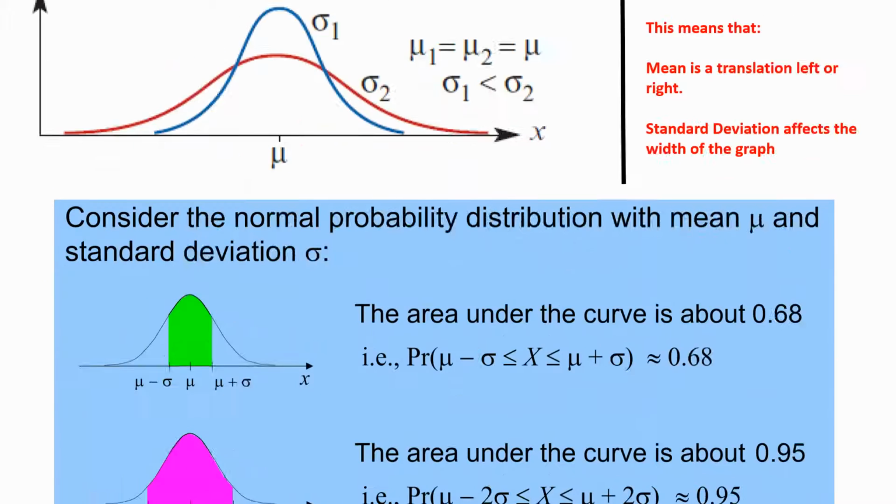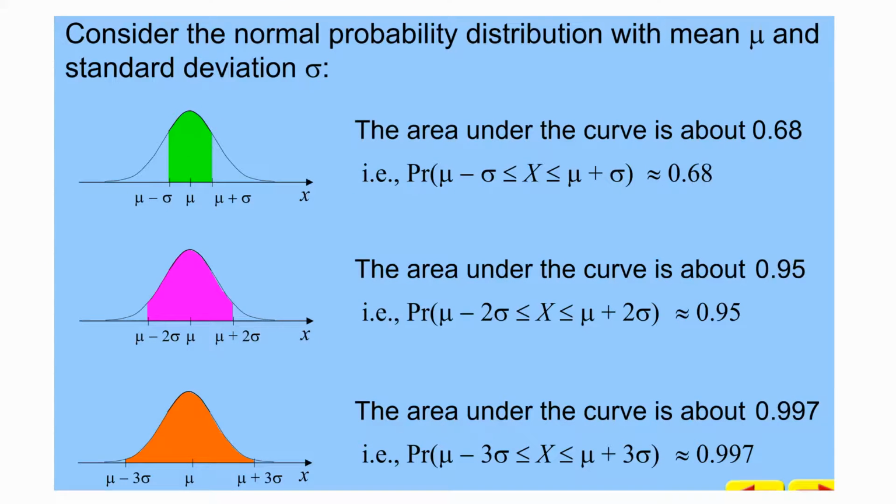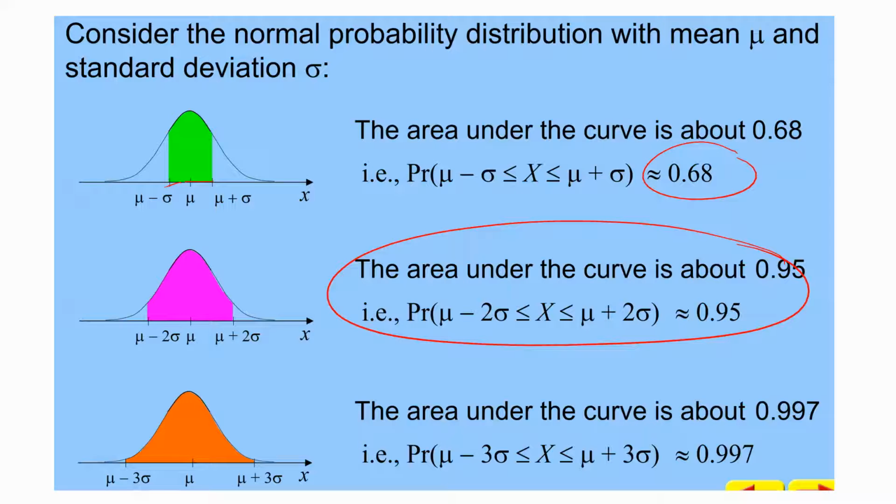Okay? Now, a couple other things just so that you know, this is for 16b. So I went through 16a just now, the theory about it. 16b is just getting you to memorize this. So you know this from the previous chapter. Now you know that one standard deviation to the right or the left is about 68%. 2 standard deviations, 95. And then 3 is about 99.7.